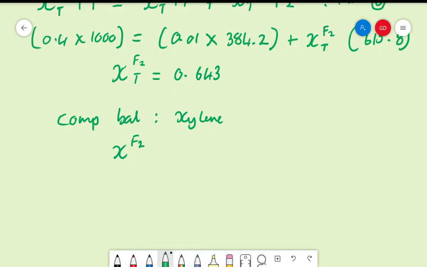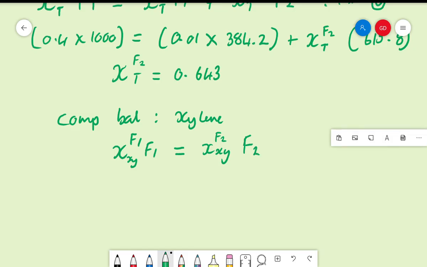Oh, sorry, we just go back. So the component balance, we're talking about xylene. It's going to be F1 multiplied by the xylene fraction in the F1 stream. Remember, this is xylene. So that's how we denote xylene. Equals X of xylene in F2 multiplied by F2.